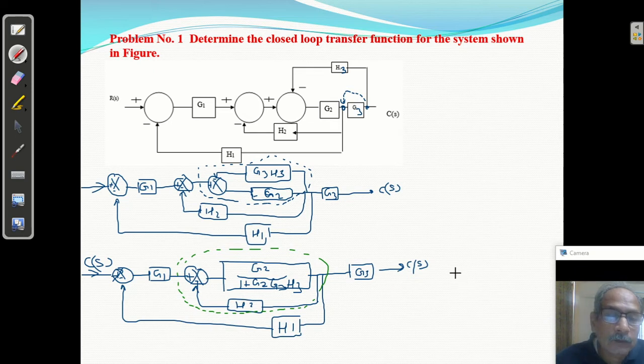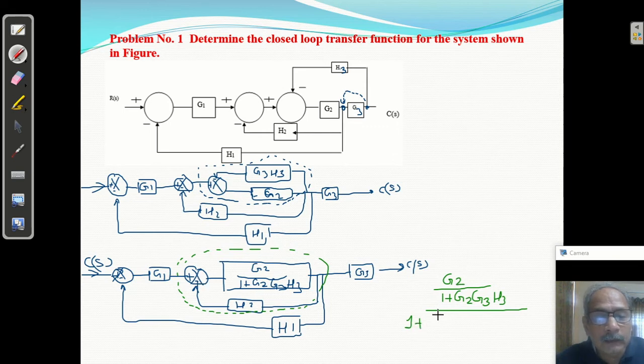So what will be the transfer function? G2 upon 1 plus G2 G3 H3. This is GS upon 1. Now it is a negative feedback, so it is a plus sign. Plus GS means G2 upon 1 plus G2 G3 H3. GS upon 1 plus GS HS.